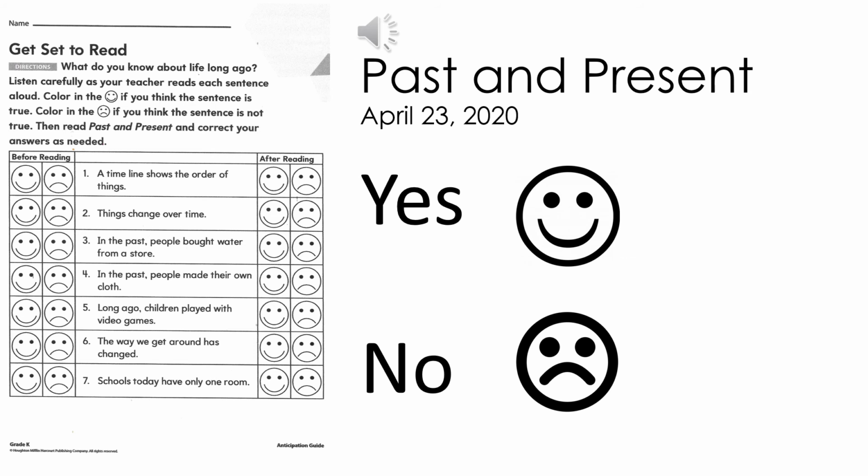No, sad face. And number 7 is schools today have only one room. Is that true or false? Schools today have only one room. If your answer is yes, color the happy face. If your answer is no, color the sad face.